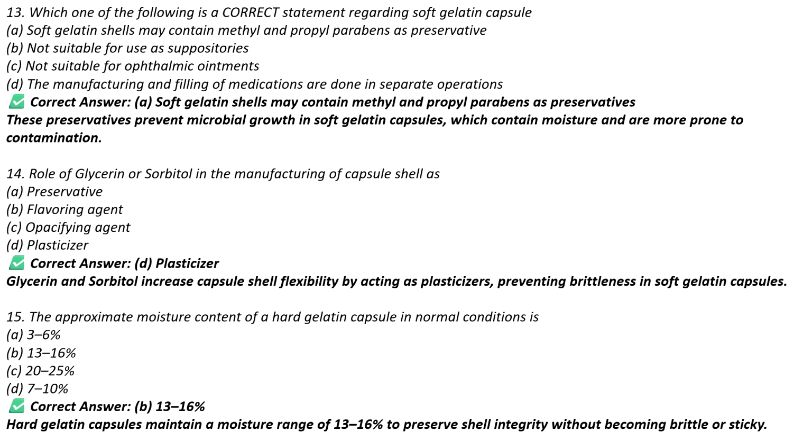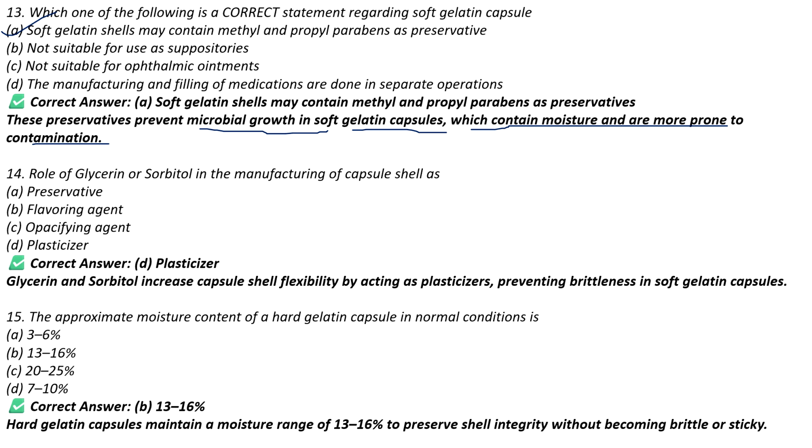So option A, that is soft gelatin shells may contain methyl and propyl paraben as preservative, is considered a correct statement, as these preservatives prevent microbial growth in soft gelatin capsules, which contain moisture and are more prone to contamination. So option A is the correct answer for this question.